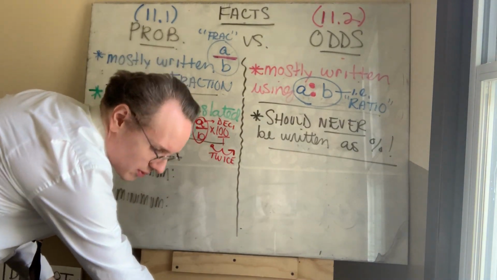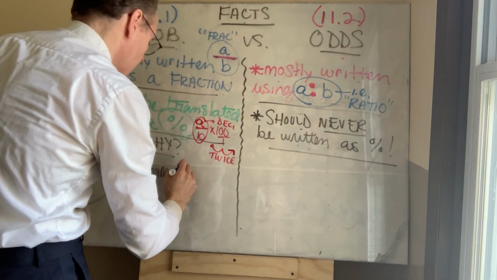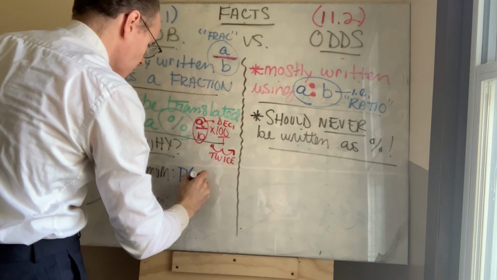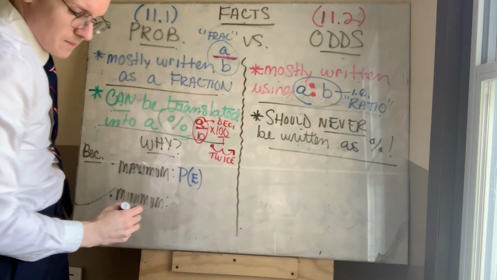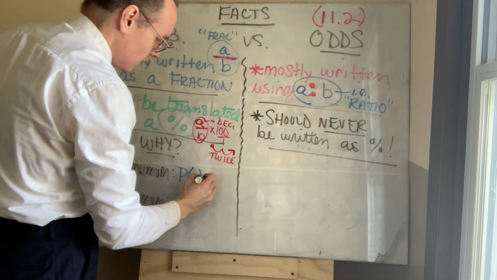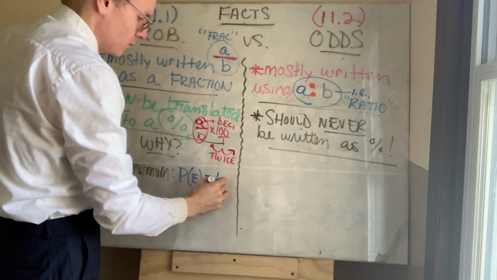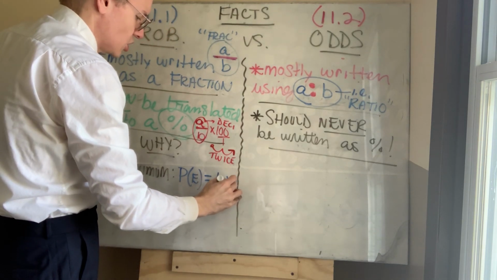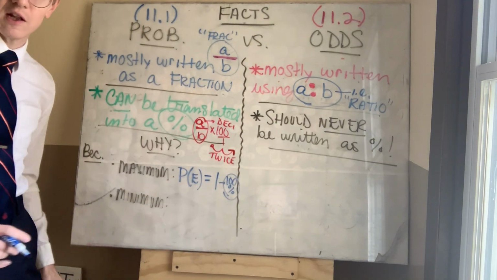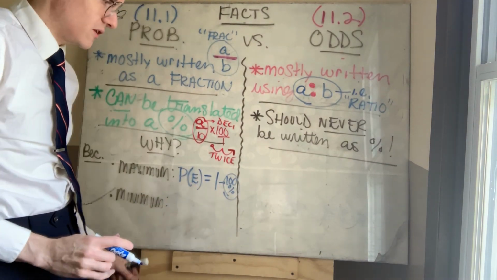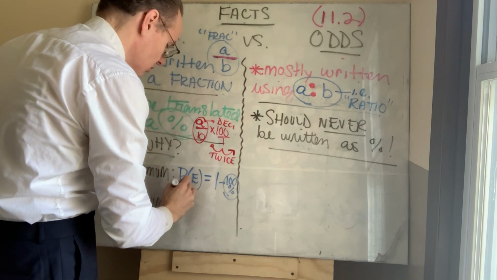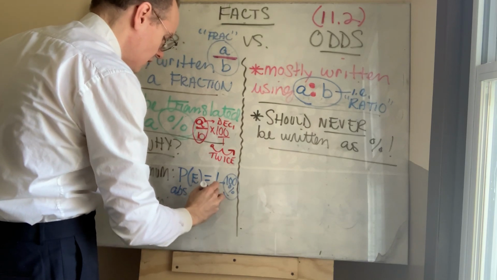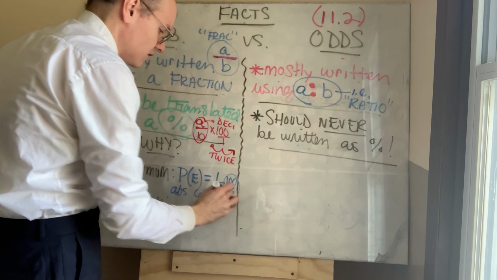The maximum of a probability, and I'm just going to use this as a generalization, P(E), would be exactly equal to 1, which means 100% in the style of a percent. That means that something is absolutely certain to occur.